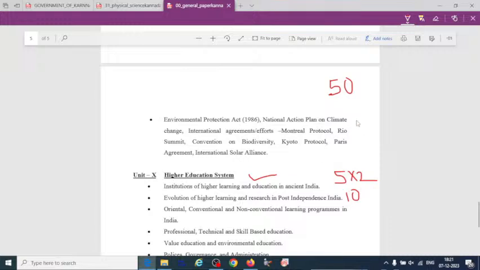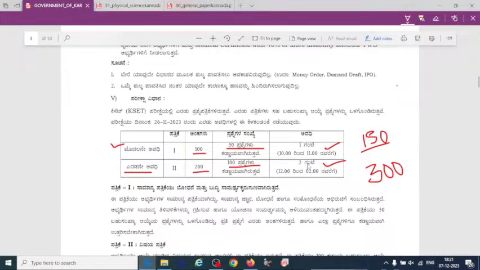Among 100 marks, how many marks do you have to score? 40%, around 40 marks you have to get from GK, and from the core subject, physical science, 80 marks. So 40 plus 80 is 120, or if you take the other category, around 105 marks.